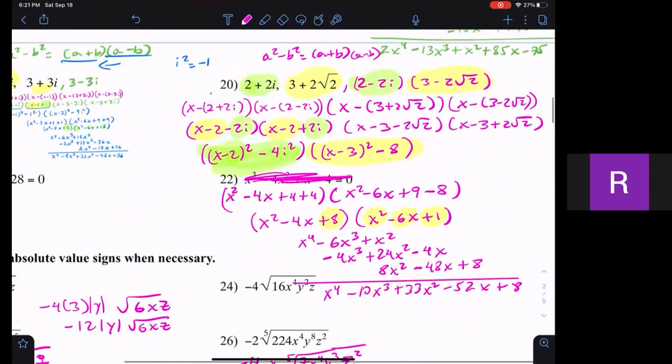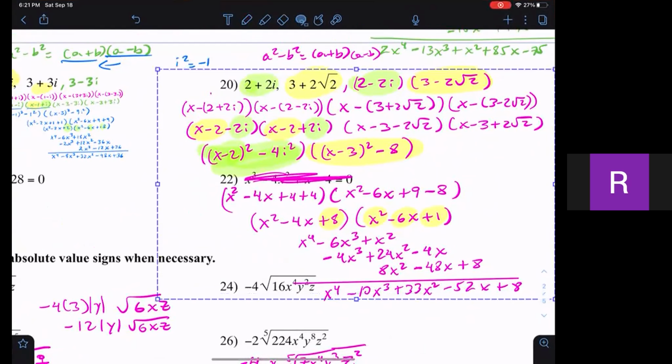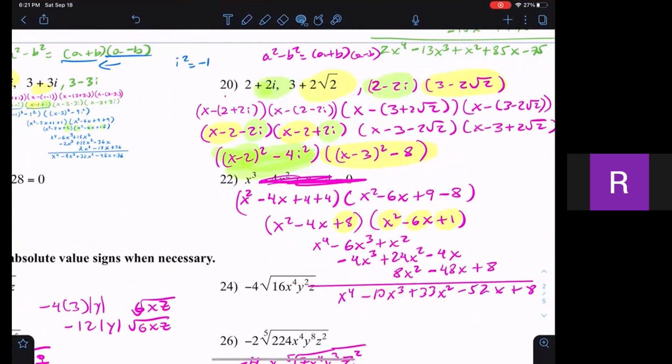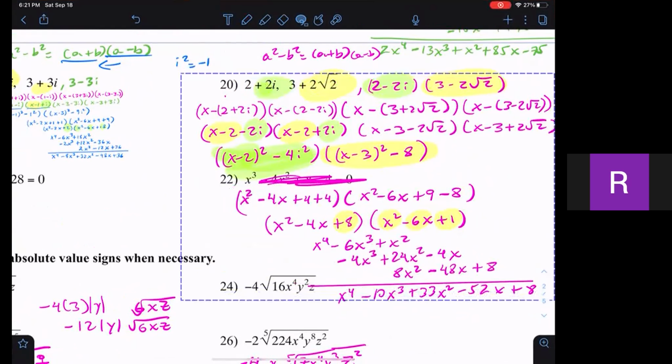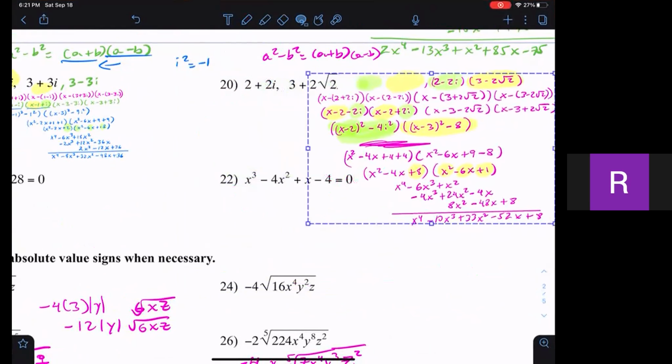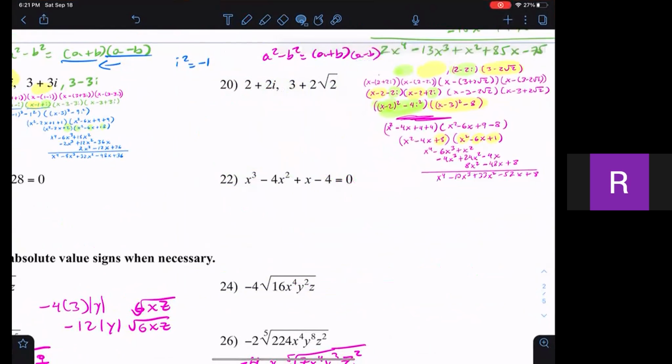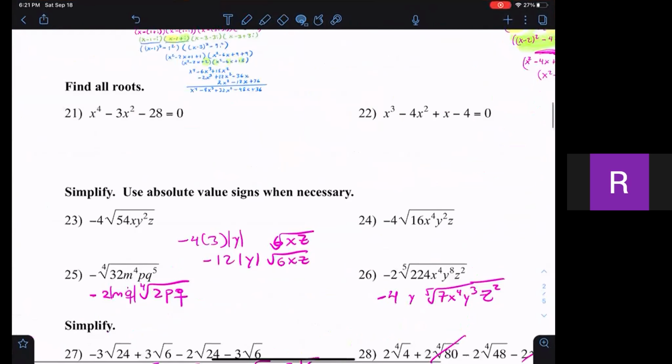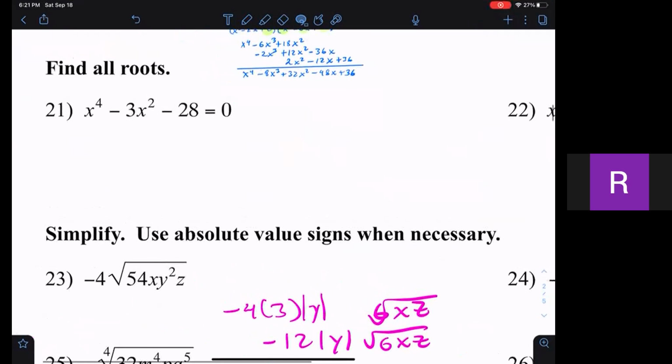Next. Let me minimize this thing. Okay, so next, find all roots. So here I need to factor. So let a equals x squared.